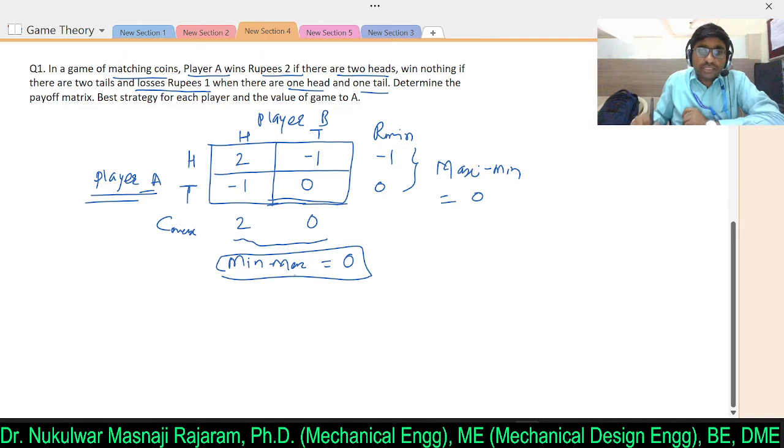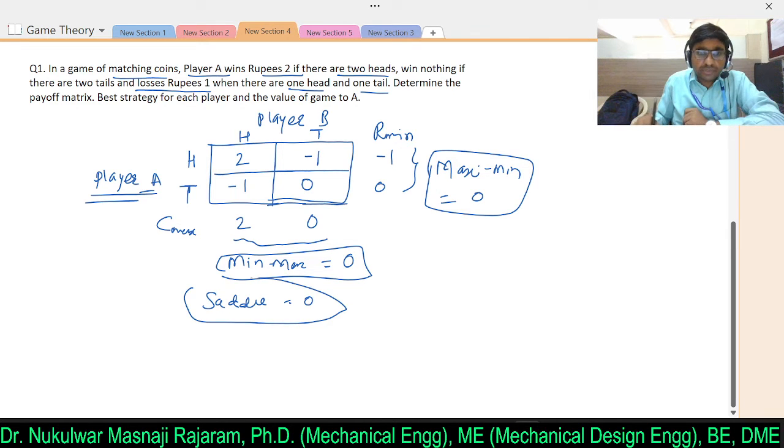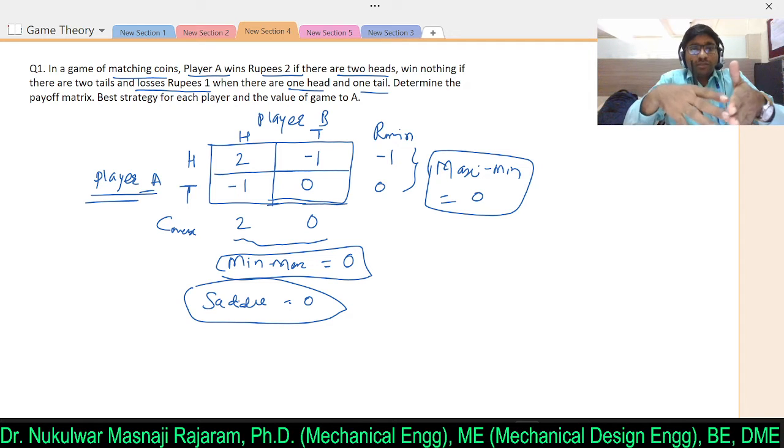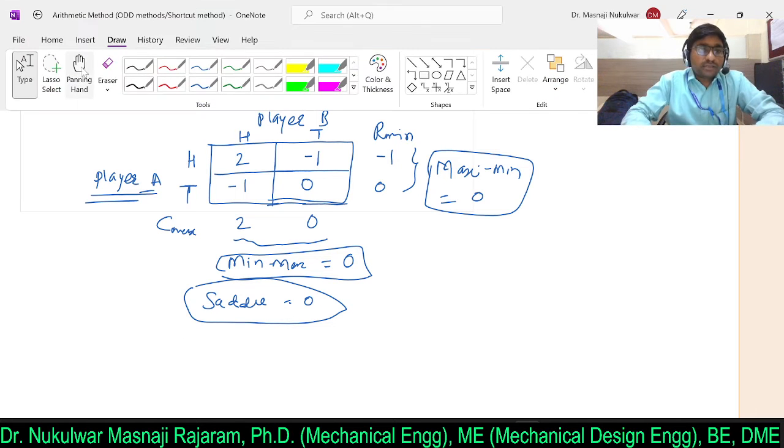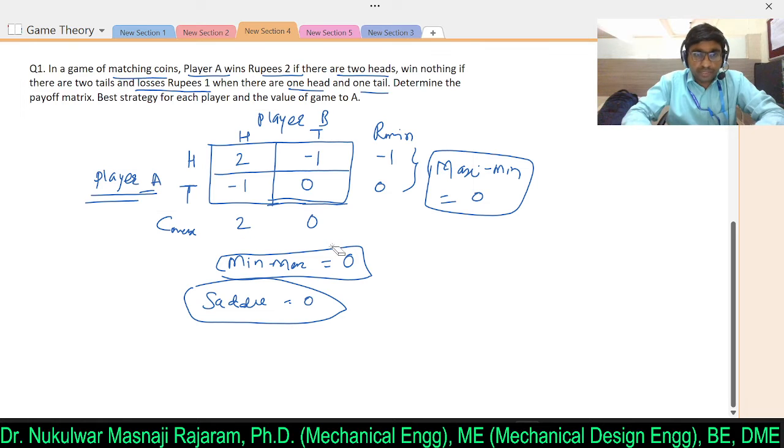Now the minimax is equal to the maximin. Here a saddle point is there, but if you observe, the saddle point value is equal to 0. So this cannot be considered, because one will lose and then another will gain. Clear? So here we can say that this particular case will not be applicable over here.